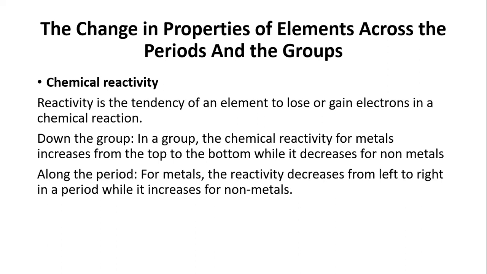In a group, the chemical activity for the metals increases from the top to the bottom, while it decreases for non-metals. So for metals, it will increase when you are moving from hydrogen to potassium, but it will decrease in the case of the non-metals.